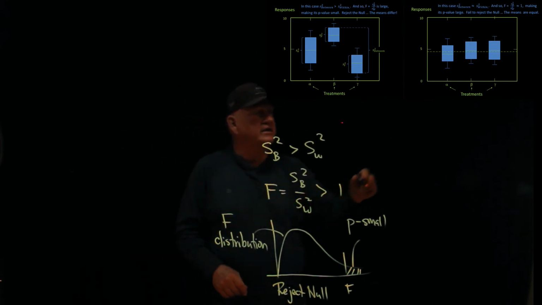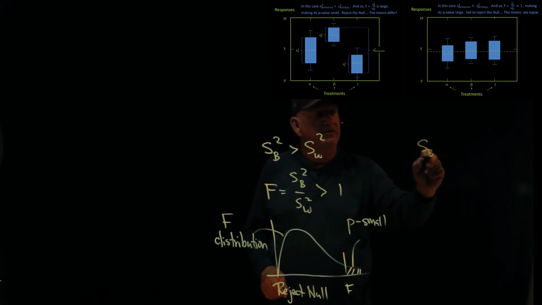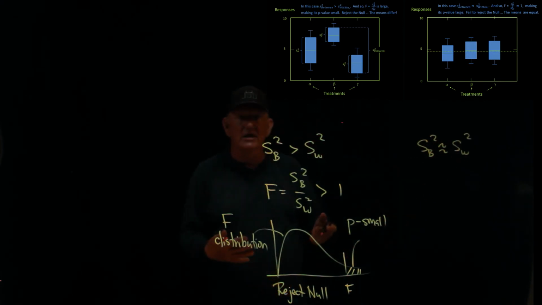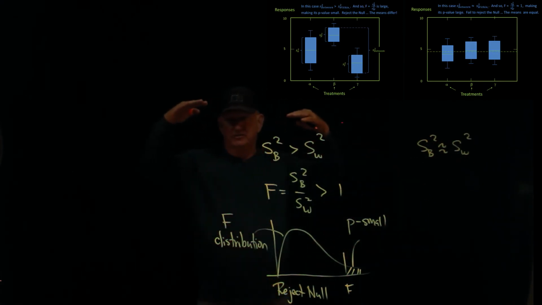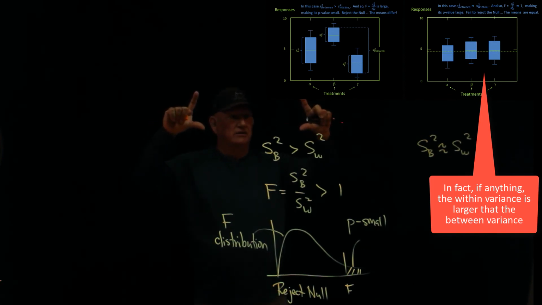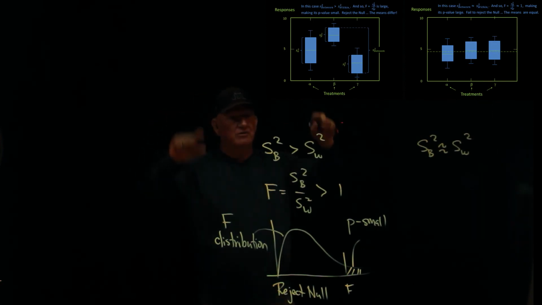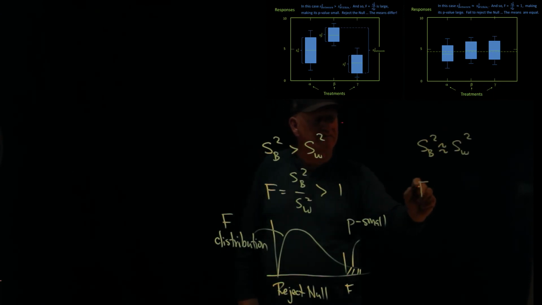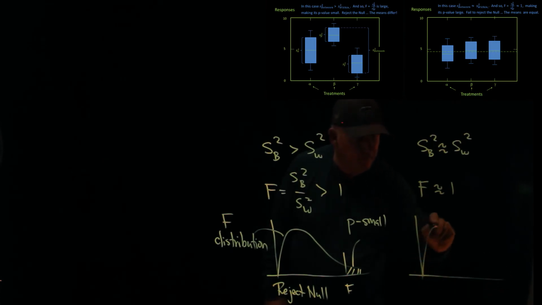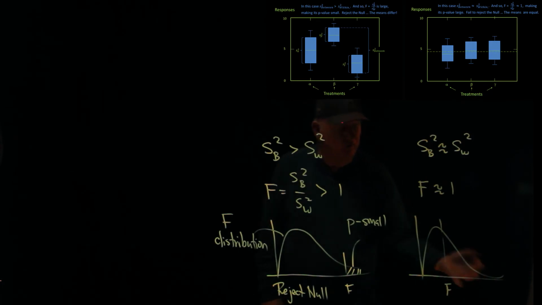In the second case, note that these two variances, the between variance and the within variance, are about the same. There's not very much difference between the means. There's not a lot of substantial variance. They're about the same value, in which case F is a number about equal to 1. So now when I plot, what I find is that value is way up here.